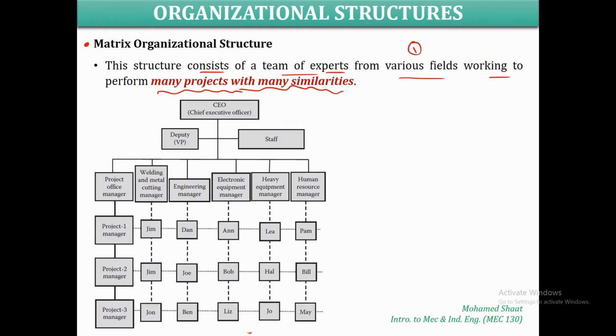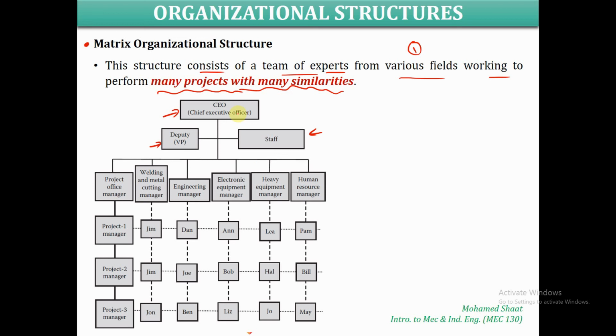But for the matrix organization structure, these guys are working over many projects, but there should be many similarities between these projects. And the structure of the organization depends on the different departments. So what does it mean? We start with the CEO and the VP and the other staff who are assisting these guys.